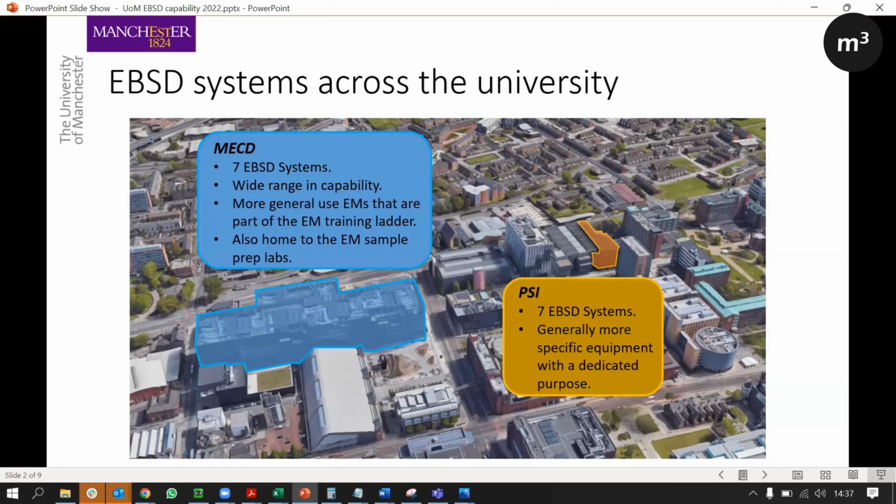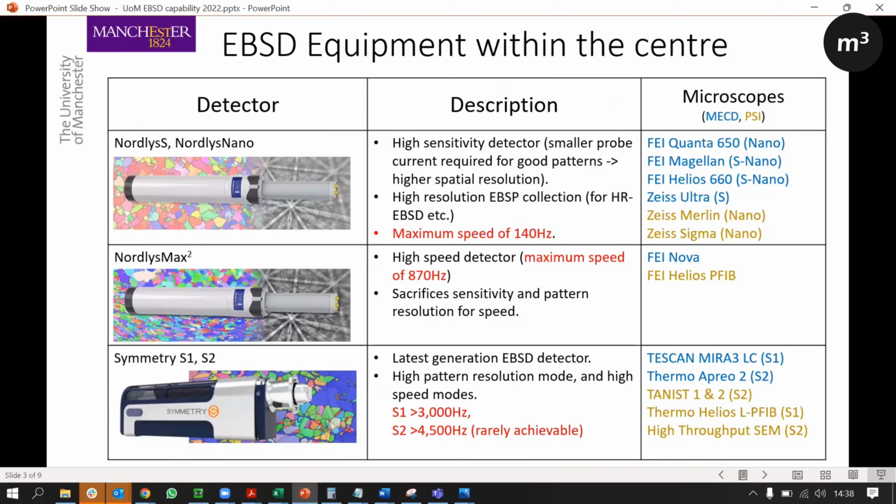So 7 systems in MECD, where we've got the more general use microscopes, and 7 systems in PSI, where the generally more specific ones are. In MECD, you will also find the EM sample prep labs for the ion polishing and things that really do help get samples for EBSD.